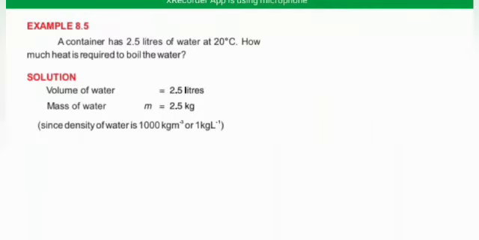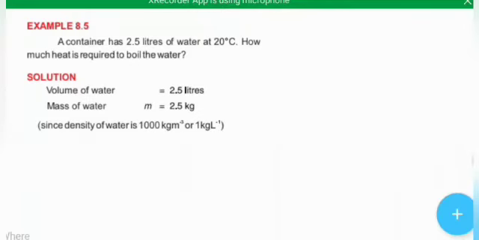In this statement we are given the volume of the water, that is equal to 2.5 liters. Since the density of water is 1000 kilogram per cubic meter, we can also say that the density of the water is 1 kilogram per liter. That's why the mass of the water is to be considered as 2.5 kilogram in this case.